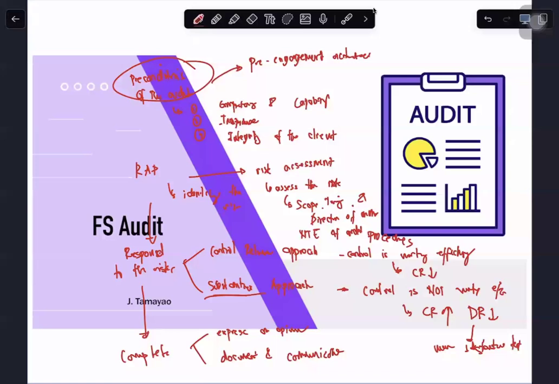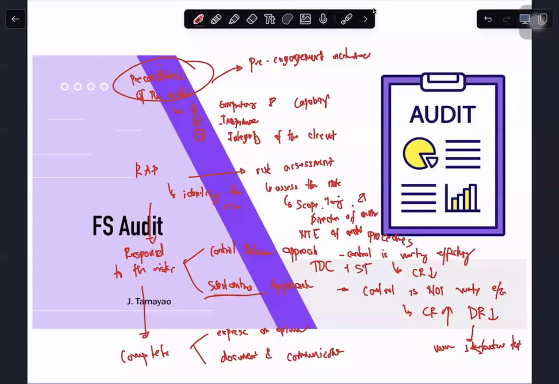We identify the risk to determine the nature, timing, and extent of our audit or the scope, timing, and direction of our audit. And then we respond to the risk or audit response. Your audit response can either be control reliance or substantive approach. Under control reliance, we say that the control is working effectively. So meaning you test the control here. So there's TOC plus substantive test.